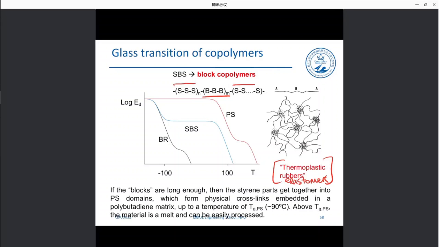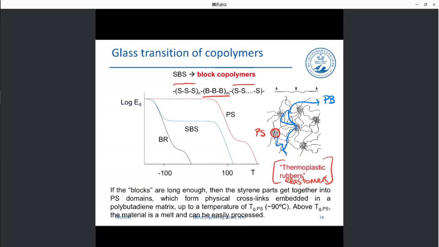So if their blocks are long enough, then the styrene parts get together in polystyrene domains, and then we form physical crosslinks. Okay, these are the physical crosslinks that I'm talking about. In this case, we have polystyrene here, and these chains here are polybutadiene. Okay, so we have a combination of a soft phase and a hard phase as well.